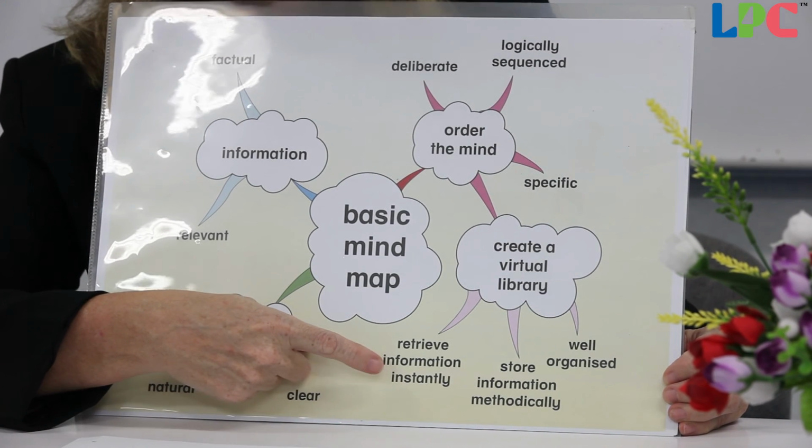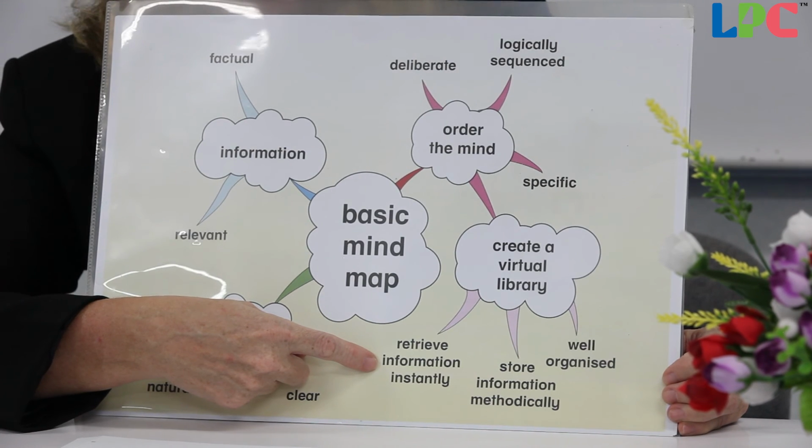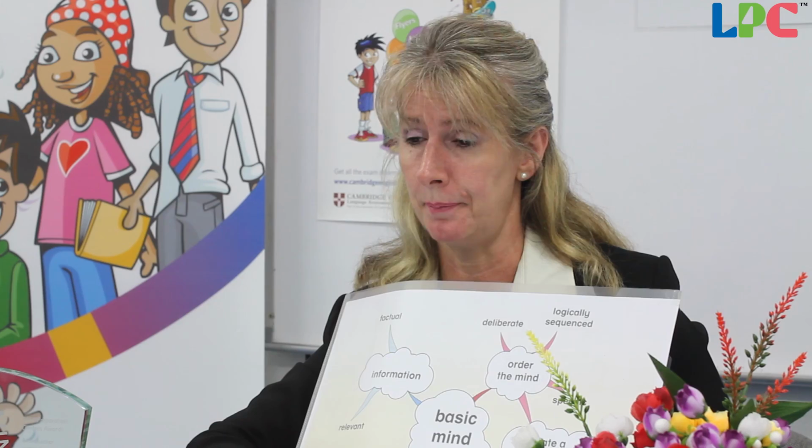To make it easily accessible, we tend to arrange information in our computers thematically, chronologically, or alphabetically. If your files and folders are not in chronological order or alphabetical order, it will be very difficult for you to find information later. This is true of the brain.